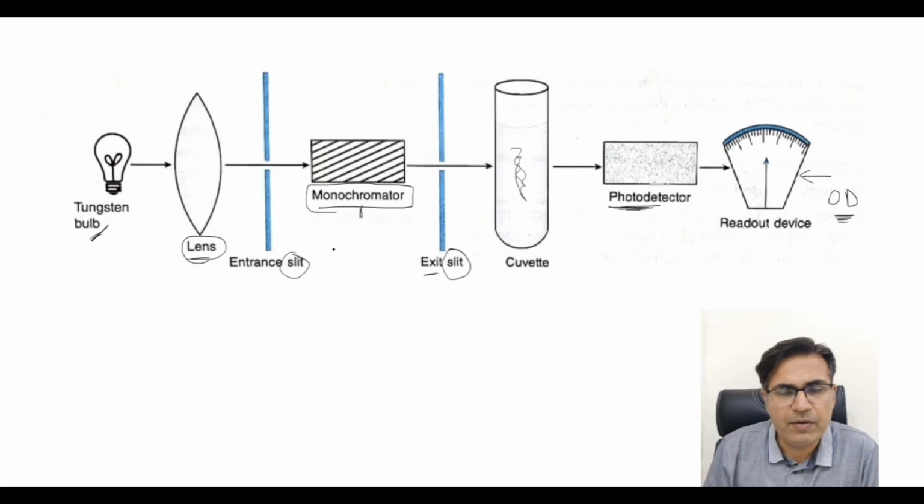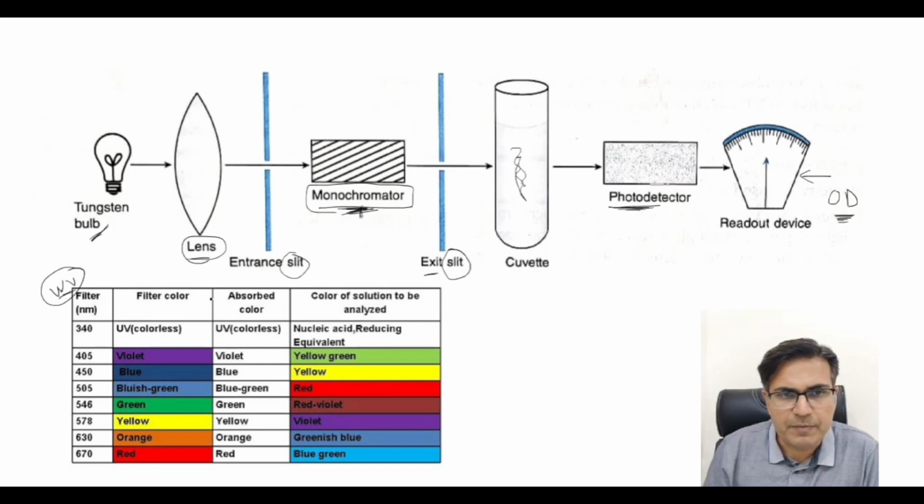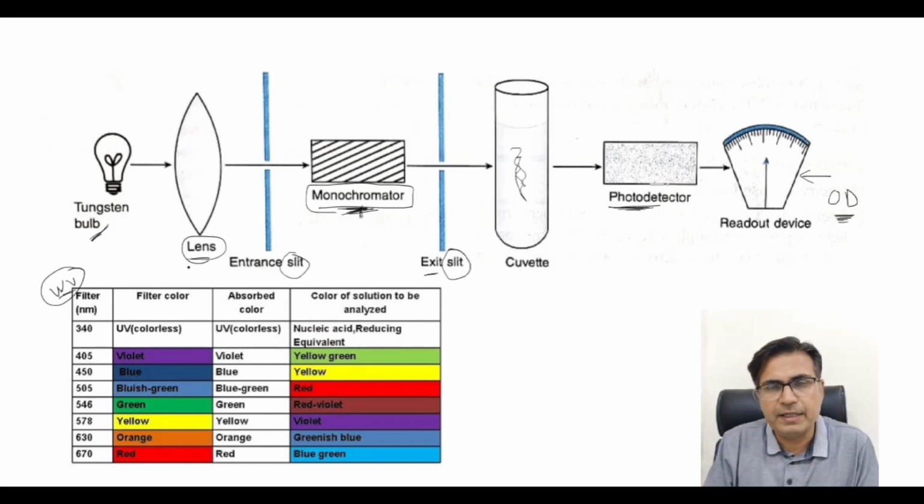Okay. Now understand the importance of wavelength and the role of this monochromator. See this table. We will pass that wavelength of light which has maximum absorbance in a particular colored solution.